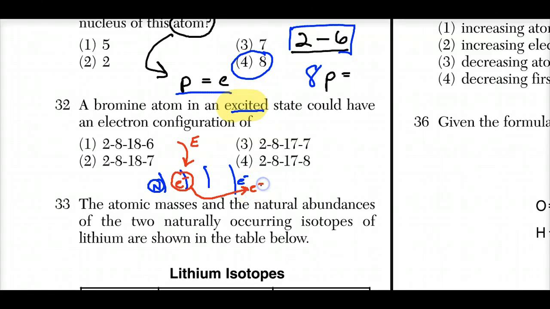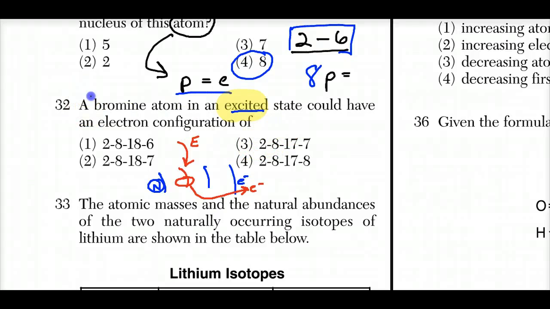It's not going to stay there very long, and when it jumps back, it gives off the extra energy it has in the form of light. But we're looking for a configuration where an electron is supposed to be, a place that's missing an electron because it jumped. So let's look at these configurations and which ones are going out of order.